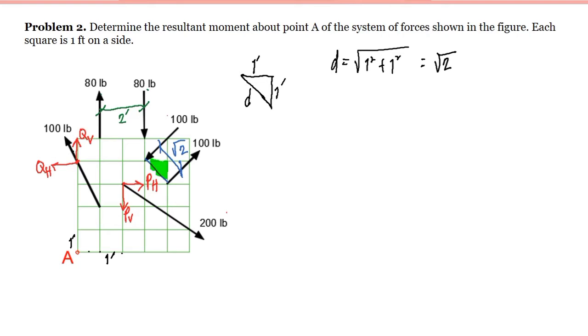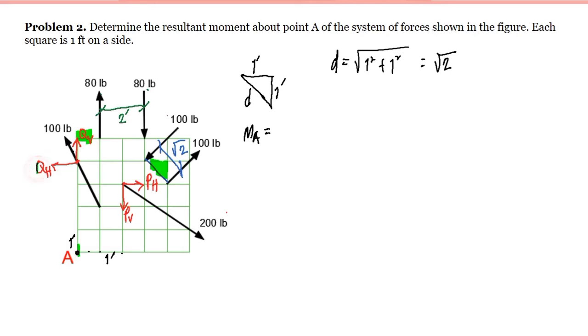So computing for the moment at point A, we have moment at A is equal to, since we are going to compute for the moment at point A, this vertical component of force Q here ay tatama sa point A, so therefore it will not create a moment.